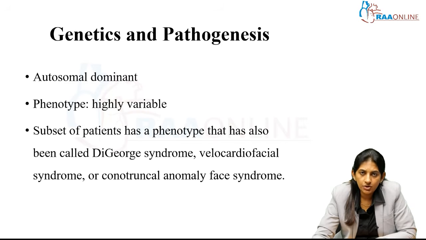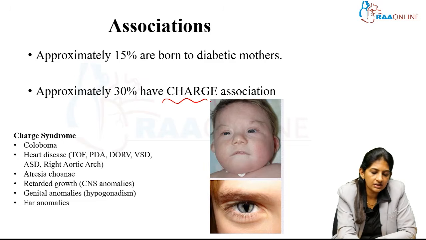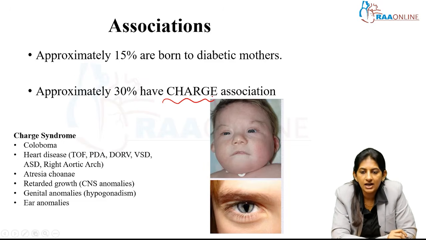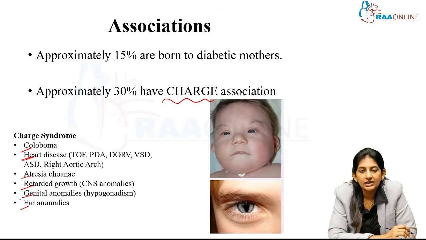It is an autosomal dominant disorder, but the phenotype is highly variable. So 30% of these children with 22q11.2 can be associated with the association called CHARGE syndrome. So CHARGE stands for C for coloboma, H for heart disease, A for atresia of choanae, R for retarded growth, G for genitourinary abnormalities, and E for ear anomalies.